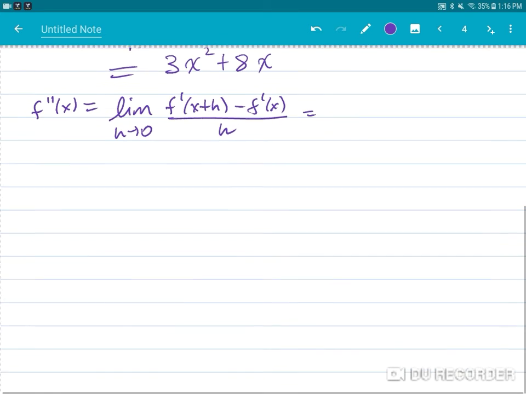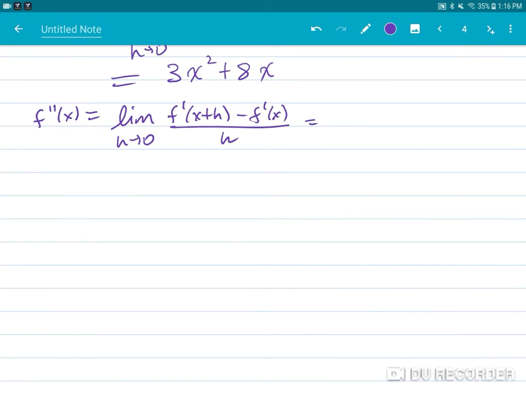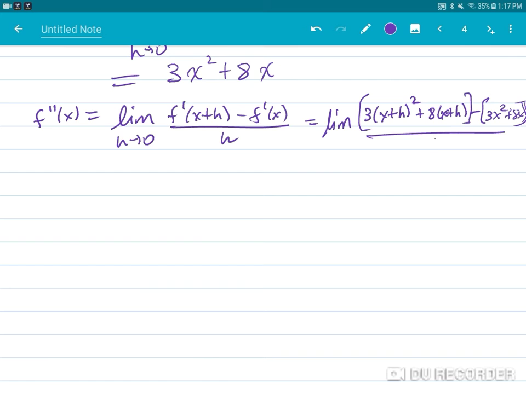And this is the function 3x squared plus 8x. This is the limit of 3(x plus h) squared plus 8(x plus h) minus (3x squared plus 8x) over h as h approaches 0.